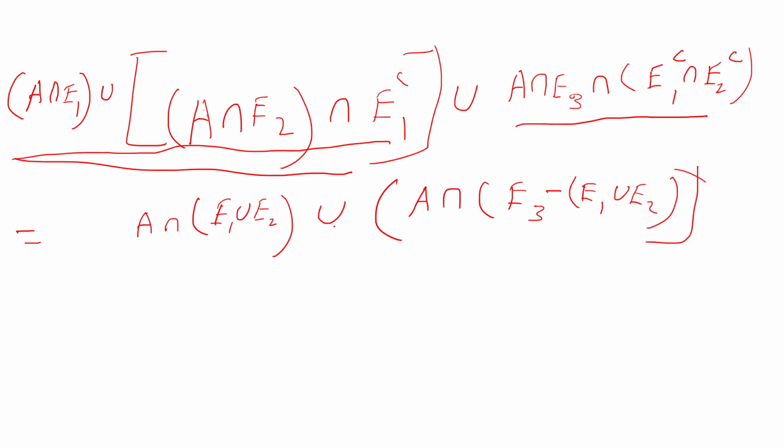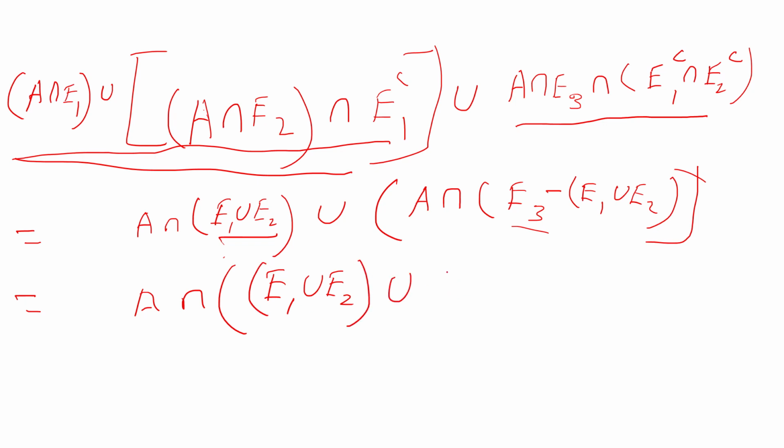So then again you can write like this, A intersection, so this one you can write like this, this one goes inside. All right, so E1 union E2, union E3, you take out E1 union E2.